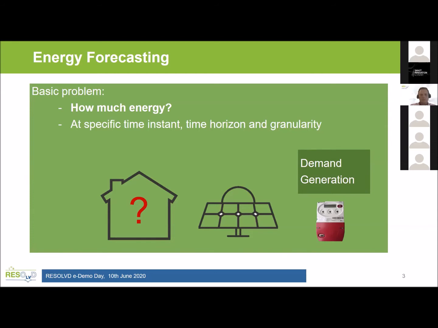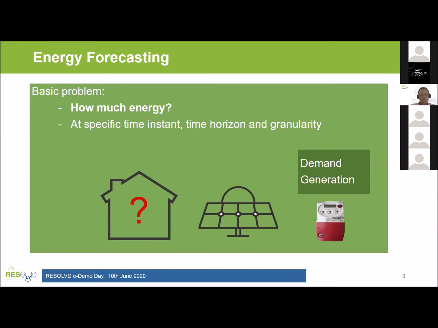Okay, so this is the basic problem. We are focused in the project on both generation and demand forecasting. And in case of generation, we deal with the problem of PV, photovoltaic generation, because of the problems it could cause in the distribution grid.